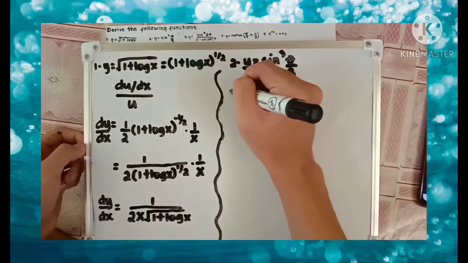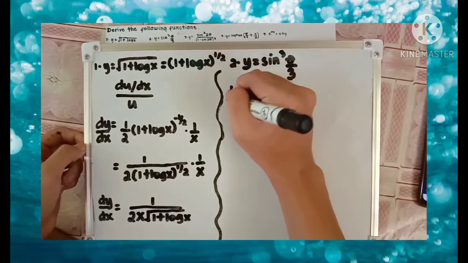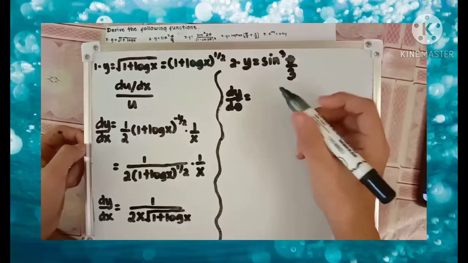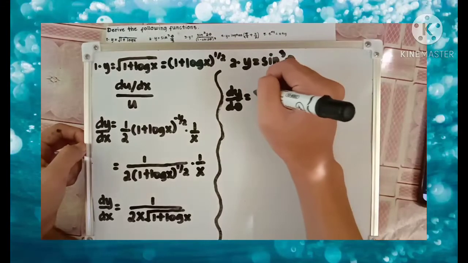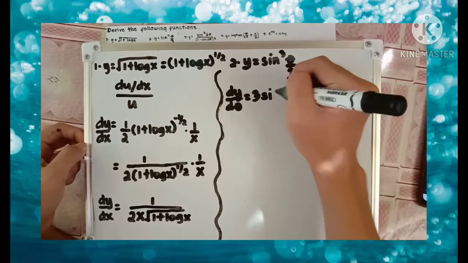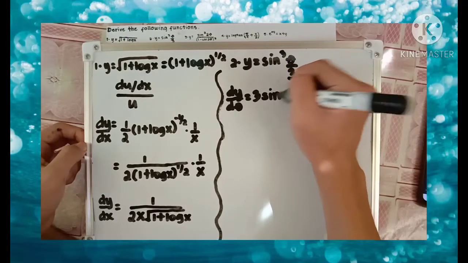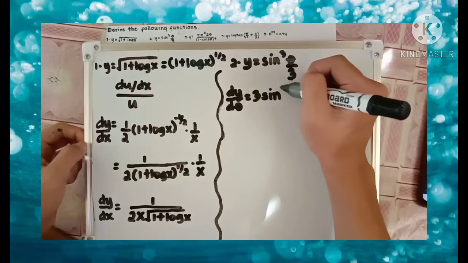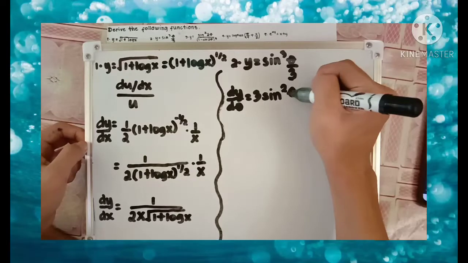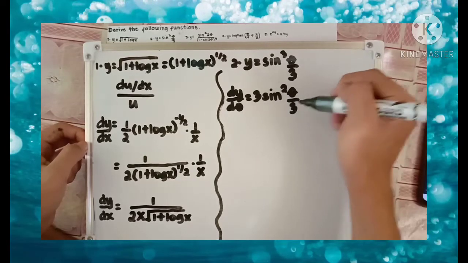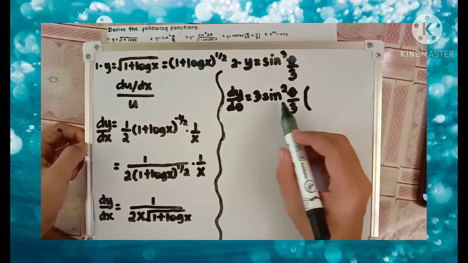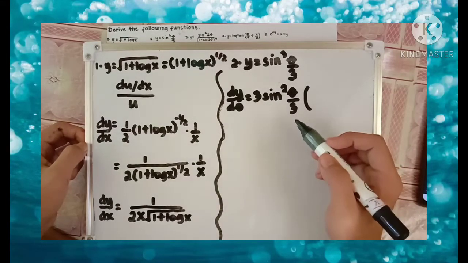So dy over d theta is equals to, so ibababa natin tong exponent times sine, so 3 minus 1 is 2, then theta over 3 multiplied by the derivative of inside sine theta over 3.